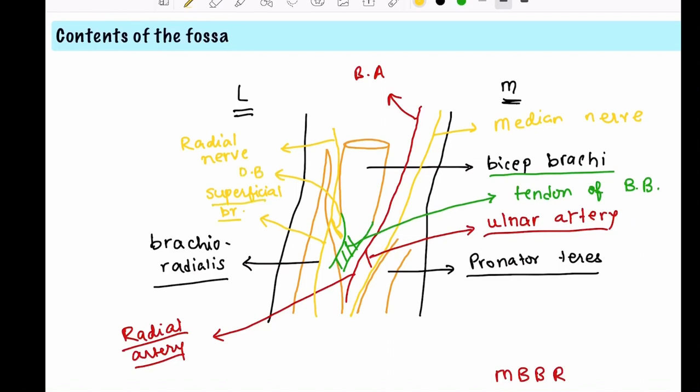And the deep branch leaves the fossa by piercing the supinator muscle. So now we have a total of 4 contents that we can remember by the mnemonic MBBR. First is the median nerve, second is the brachial artery, third is the tendon of the biceps brachii muscle, and fourth is the radial nerve.